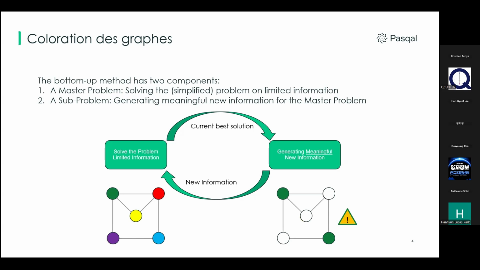And behind it, there is a second problem, what we call a sub-problem, that is tasked with generating new scenarios, generating new types of instances in order to enrich the master problem itself.